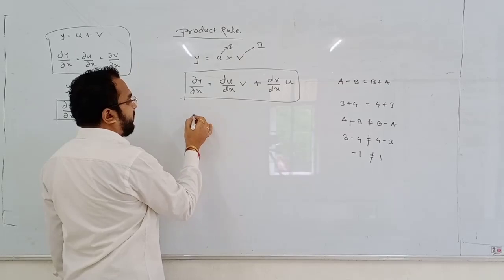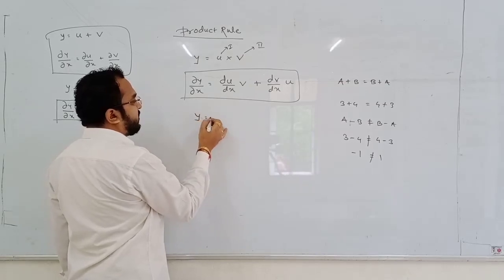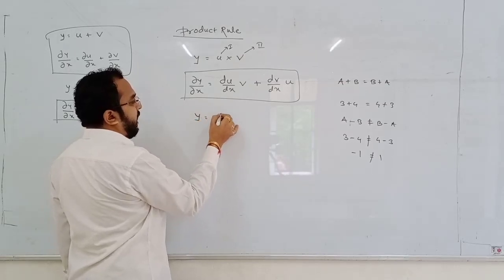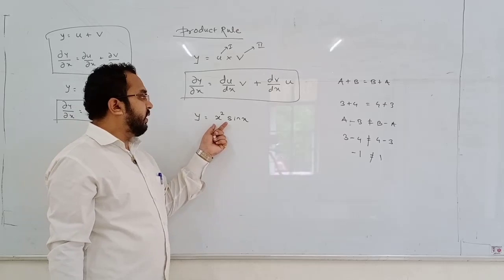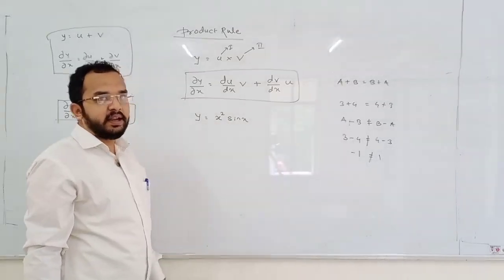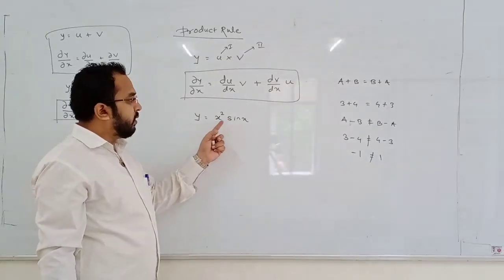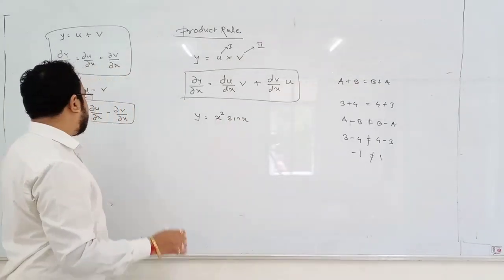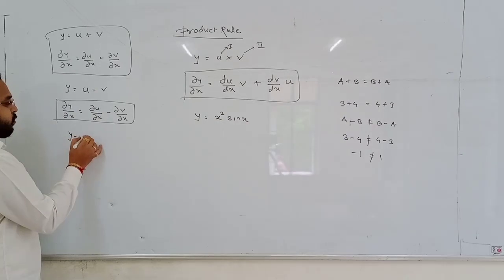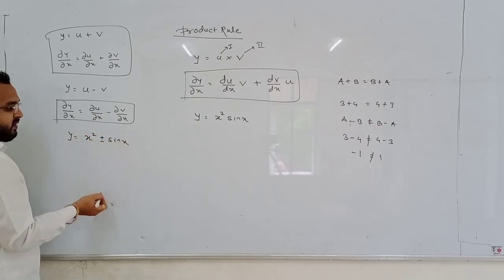Let's see an example. Suppose y is equal to x square into sin x. Now see, x square is the first term, sin x is the second term, and here it is the product of two terms. It is not addition. If addition or subtraction is given, suppose y is equal to x square plus or minus sin x, then if it is plus, the answer will have plus.